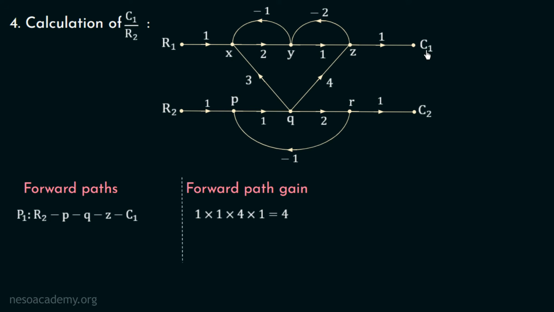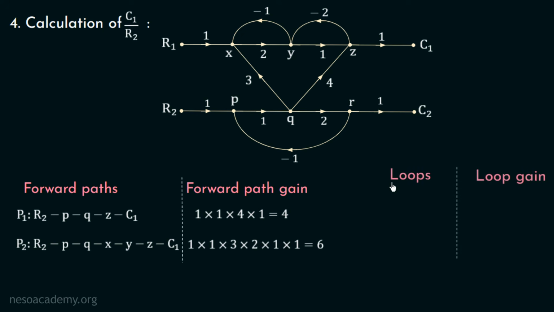So this is the second forward path, which is R2, P, Q, X, Y, Z, C1. And the gain of this forward path will be the product of these branches, which is equal to 1 multiplied with 1 multiplied with 3 multiplied with 2 multiplied with 1 multiplied with 1, which is equal to 6. In this way, we are done with the identification of forward paths and the calculation of forward path gain.